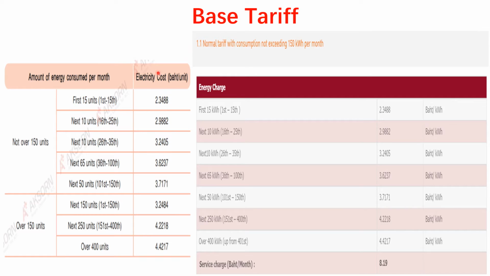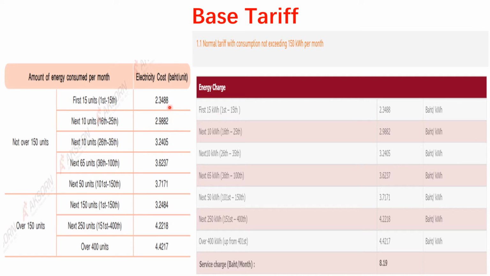I also visited the site in your book, www.mea.or.th, and tried to compare the table in your book with the base tariff as of this moment. If you compare them, they are almost the same. 2.348 here is also 2.3488 there.